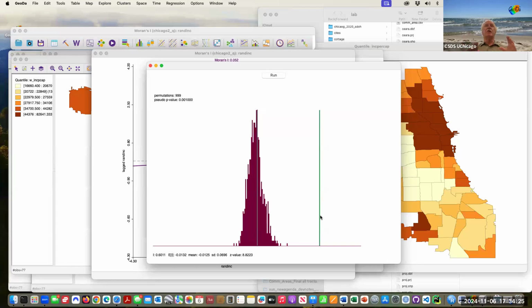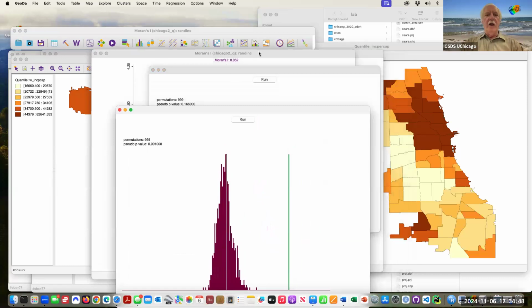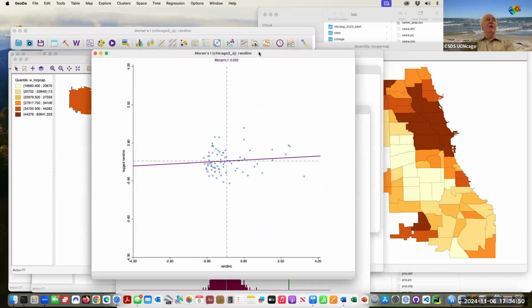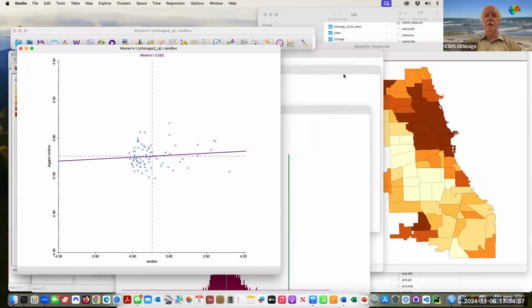That is the rationale. So what we do, we have a variable, we select the spatial weights matrix, we pick univariate Moran's I, we get this graph, and then we do randomization to make sure that the slope that we get is a meaningful slope. In this case, because there's not very many observations, a slope like this will not be very meaningful, but in very much larger data sets, it might be. So you always have to do the randomization.